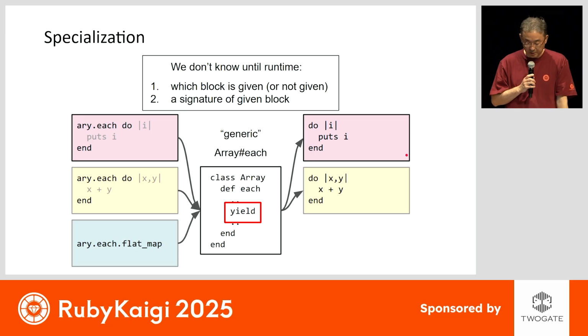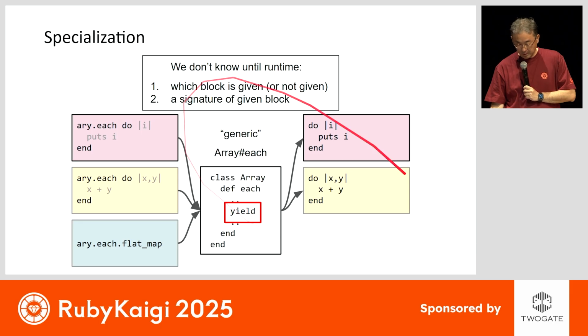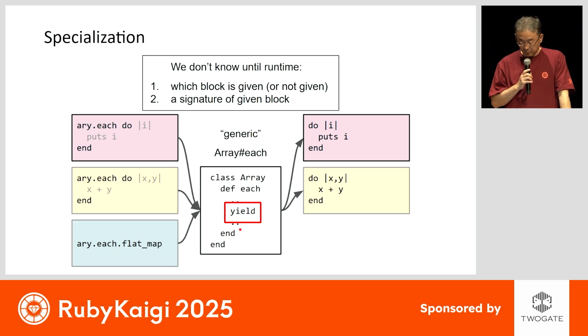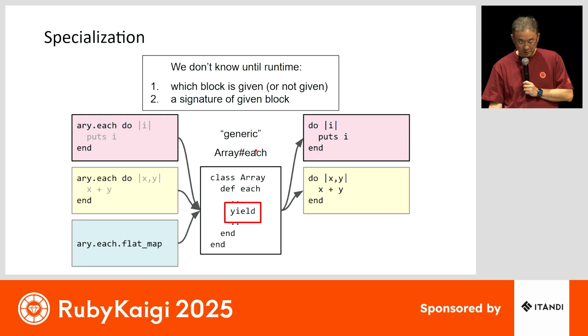This is another topic for optimization. It's specialization. Think about a method like Integer#times. The problem is we cannot know which block is given from the caller, and so we cannot know the signature of a given block. A signature means details of the parameters that methods or blocks have.